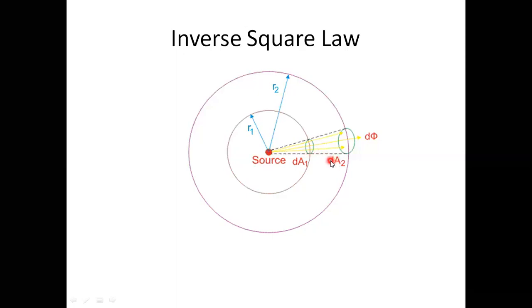Now, going to the explanation, let's say here is a light source, just remember it as a torch. The light is coming from here, and as the lighting area becomes larger, the intensity decreases.